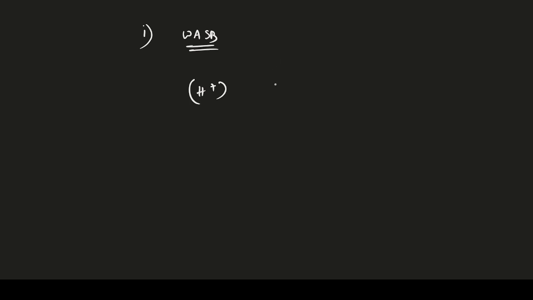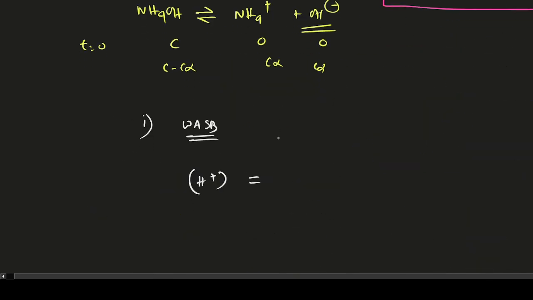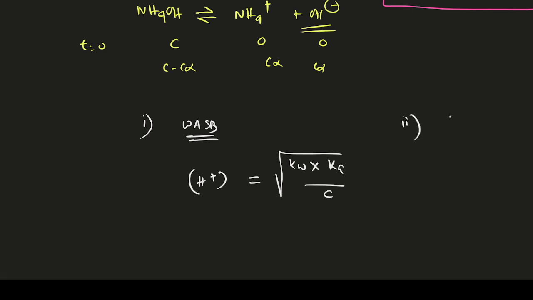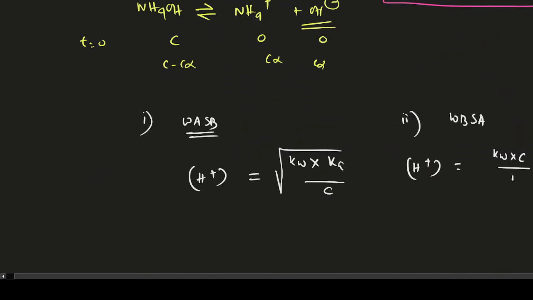So, summary: if it is a weak acid and strong base salt, then the H plus concentration is equal to root over Kw into Ka by C. And if it is a weak base and strong acid salt, then the H plus concentration is root over Kw into C by Kb.